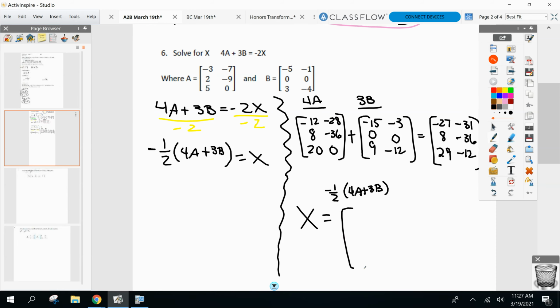Leave it as a decimal or a fraction. It's up to you. So there's your 3/2 you end up with right there, 3/2.